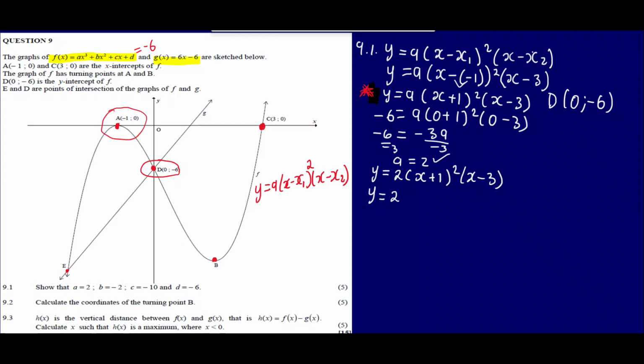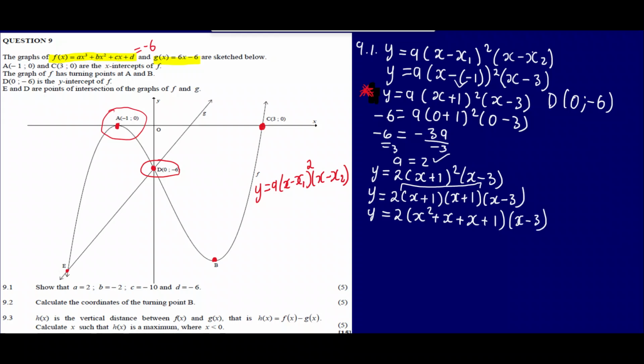So how do we deal with this? We can deal with the square bracket, we're just going to open x plus 1, x plus 1, x minus 3. So y is equal to 2. x times x is x squared plus x. So we're just foiling the two brackets, which is this and that one.